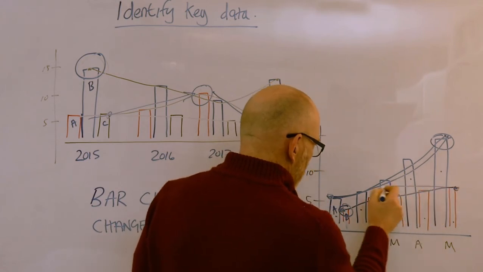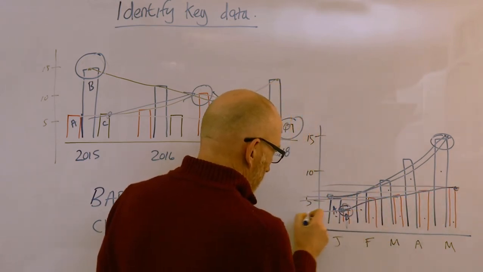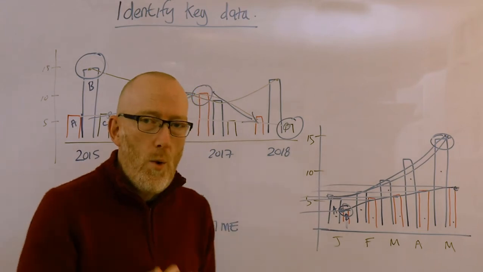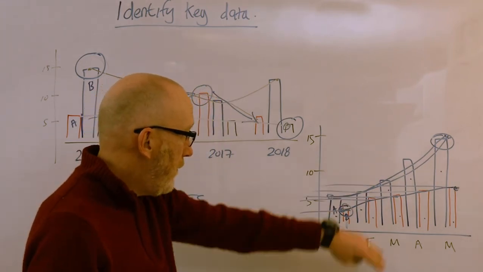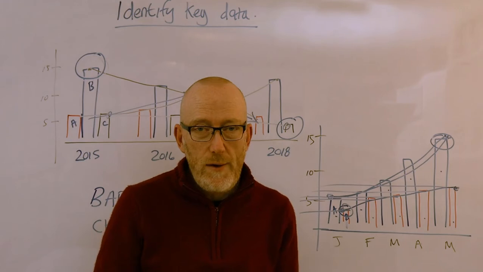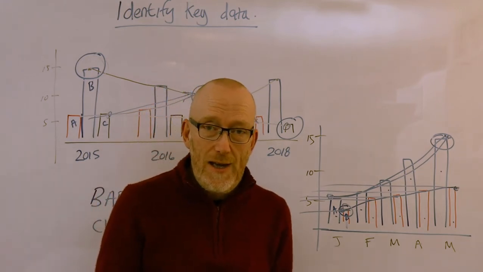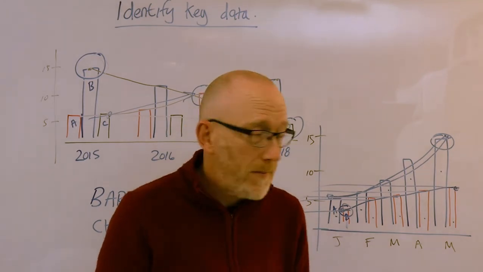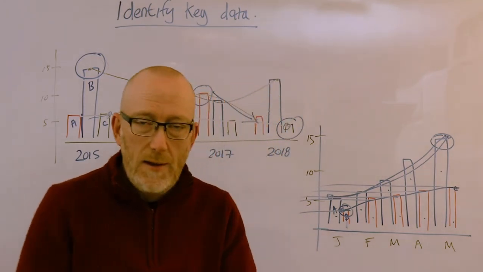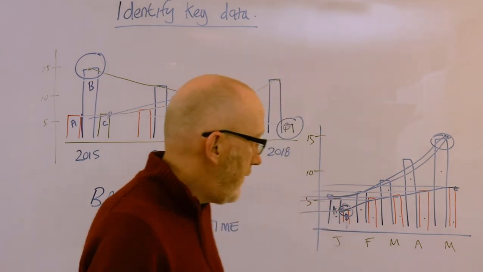We can draw a line there, another one there, and so roughly work out what the numbers will be. I do the same for category A as well, and then you can compare and contrast those numbers together in your essay.